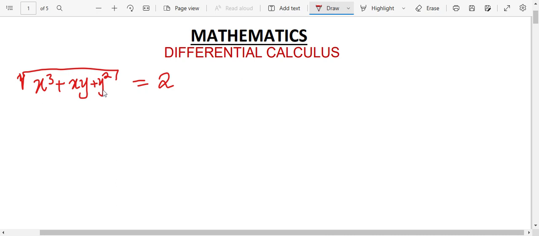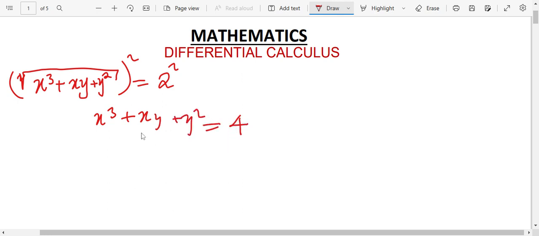So first things first, remove the square root on both sides. That gives you now x cubed plus xy plus y squared is equal to 4. Now you can differentiate. So I'll put d over dx just in front here. So the derivative of, yes, Elizabeth.